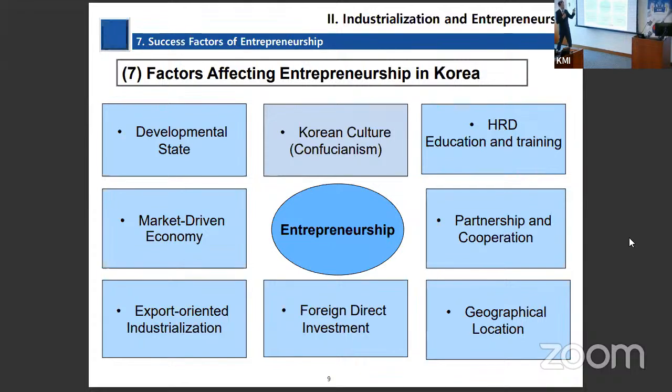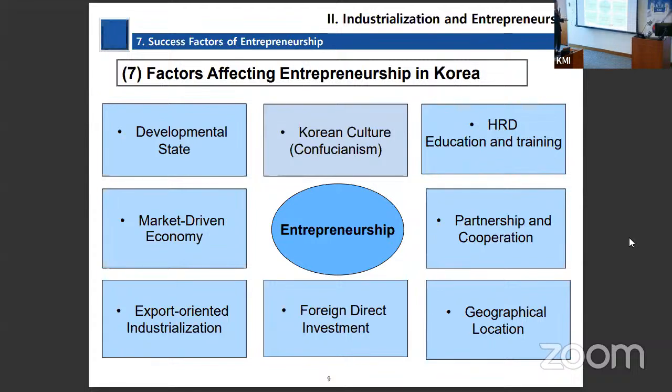And then I always emphasize education and training. Whenever I explain about education and training: when people do not have proper education, we just call them human beings. But when they are educated and trained, we call it human capital. So you have to make human capital.